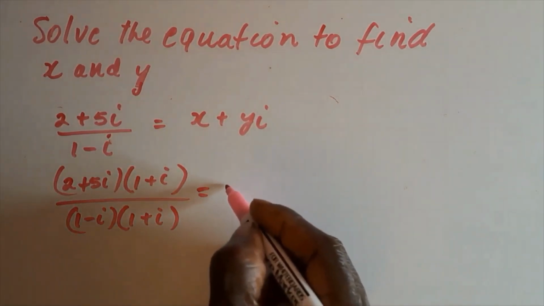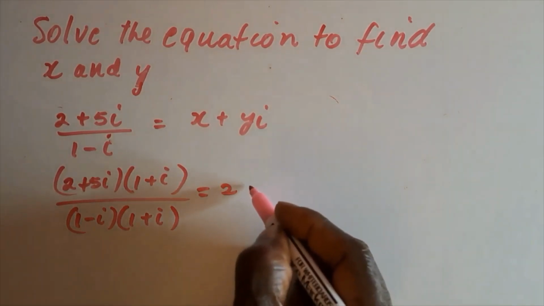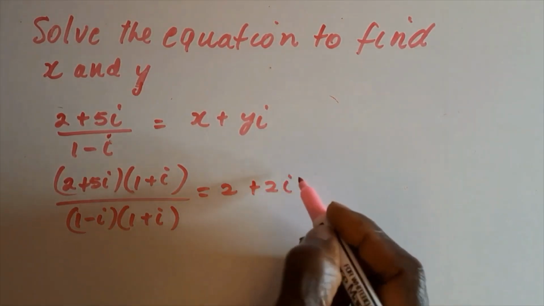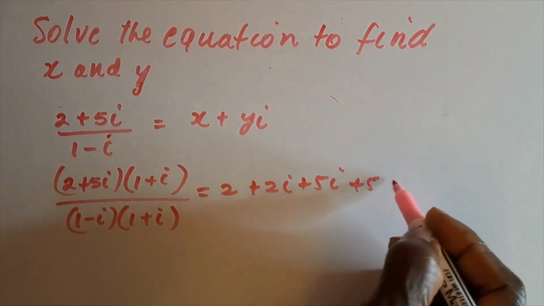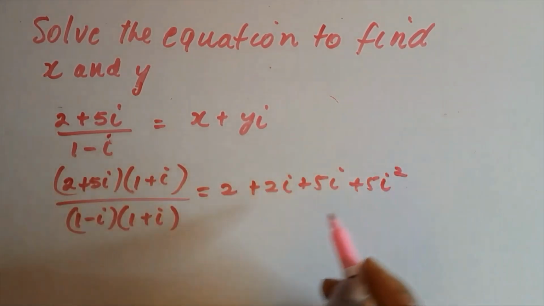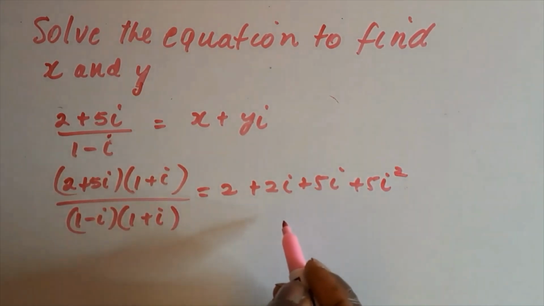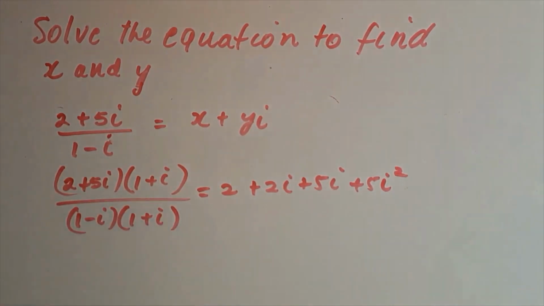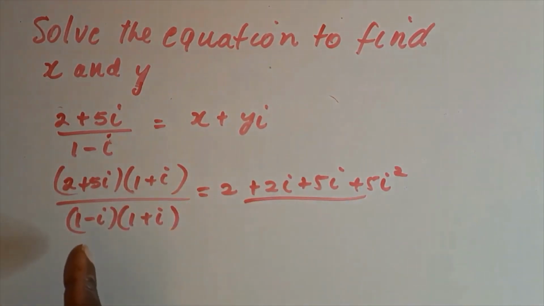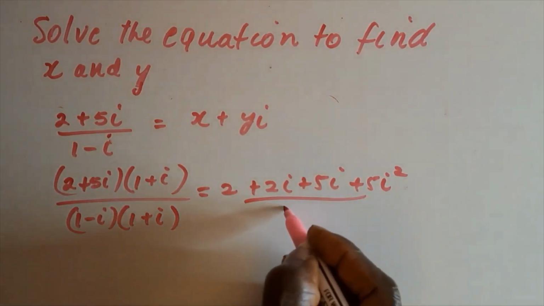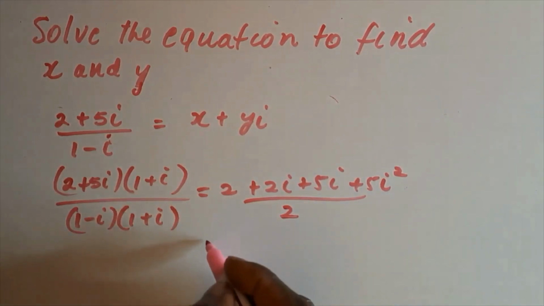We have, clearing the brackets, 2 add 2i, add 5i, add 5i squared. And this is 1 squared, which is 1, and minus i squared, which will also give us 1, so we have 2 in the denominator.